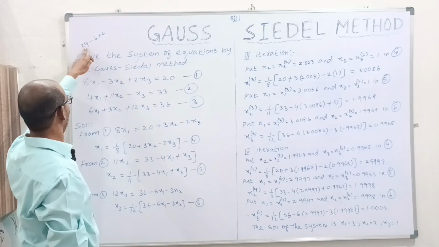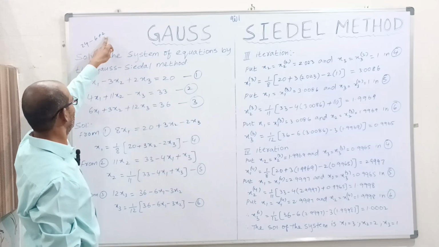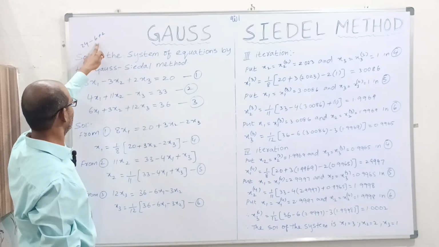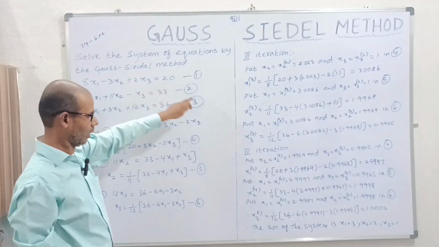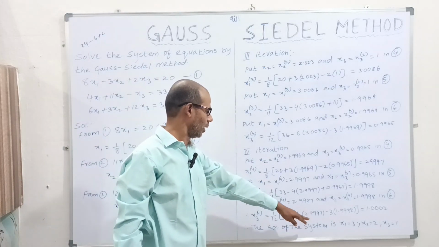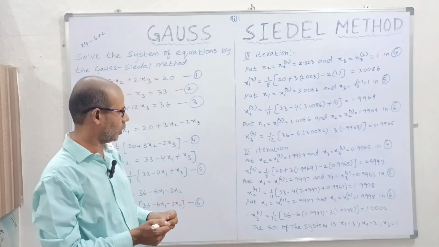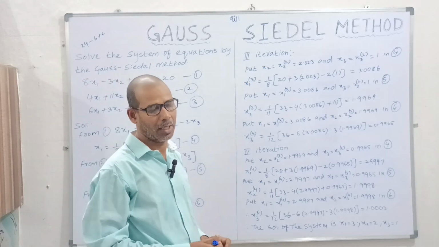So 24 plus 2 is 26, 26 minus 6 is 20. So the obtained solution is satisfied by the given system.